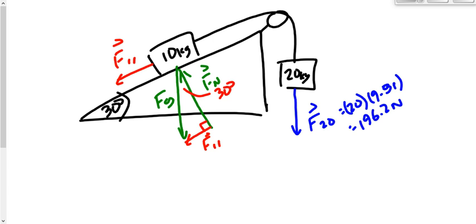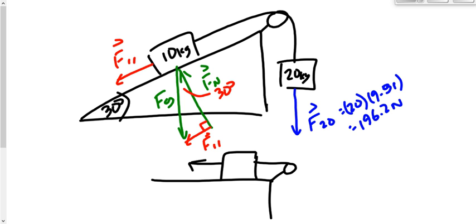Do you see what we're going to do here now, though, guys? Once we have F parallel, doesn't this question turn into one of these problems that you had last week that looked like this? Isn't it the same thing once you get F parallel?